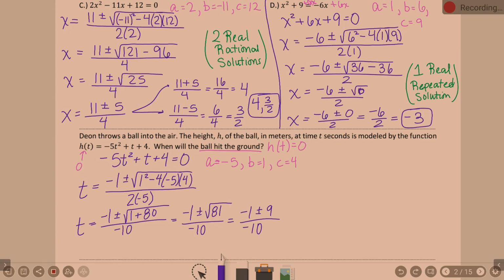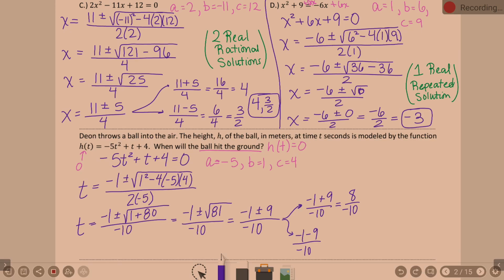Should I stop here? Yeah. There's no square root in here. There's no imaginary numbers. Keep going. Do the math. So I'm going to do -1 plus 9 divided by -10, and I'm going to do -1 minus 9 divided by -10. So let's see. Negative 1 plus 9 is 8 divided by negative 10.